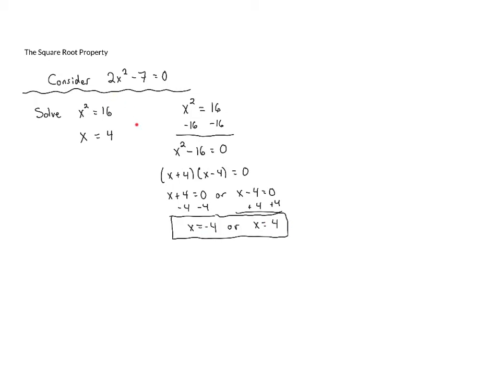Now, this method that they tried to use, we can modify it so that it works and that we get both of the solutions. But what we need to do is we need to recognize that there are two square roots of 16, positive 4 and negative 4. And the way that we're going to account for this is by putting a new symbol in front of the 4.